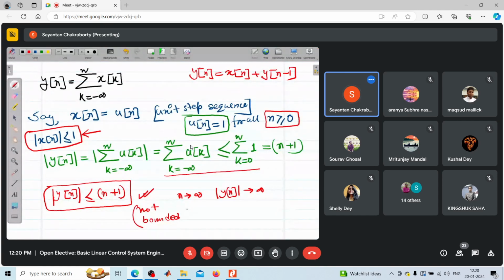So you can say this system is not BIBO stable. তাহলে কি হচ্ছে, y[n], তুমি যত n বাড়াতে বাড়াতে যাচ্ছি, the output is getting increased continuously, so it is obviously not bounded.